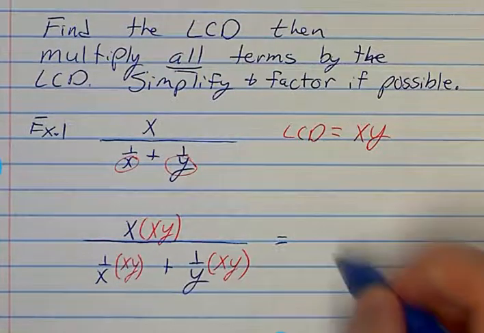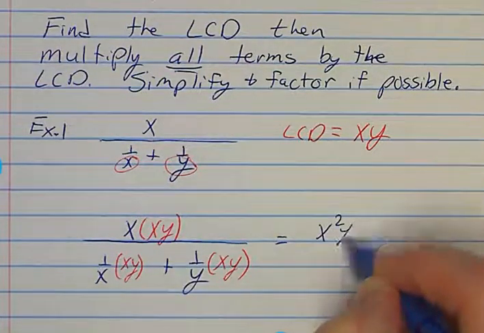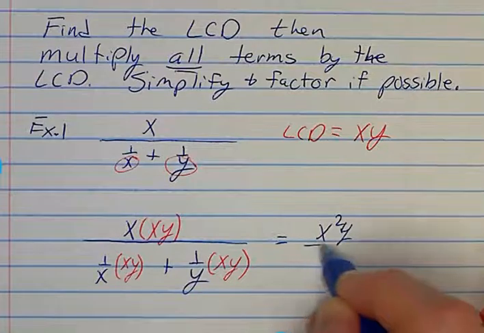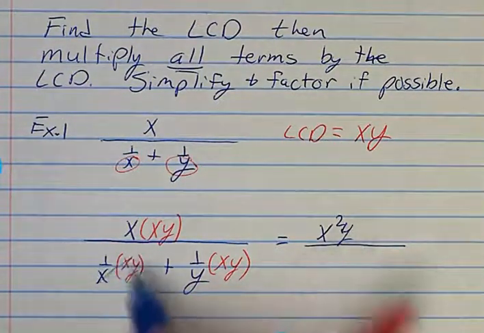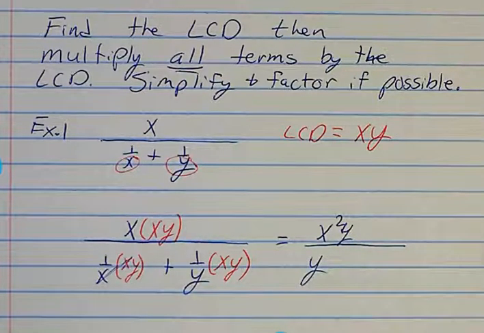So if you do x times x, that's x squared, and then the y is there. For this one, when you multiply these together, the x's will cancel each other out, which leaves you with a y. This one, the y's will cancel each other out and leave you with x.